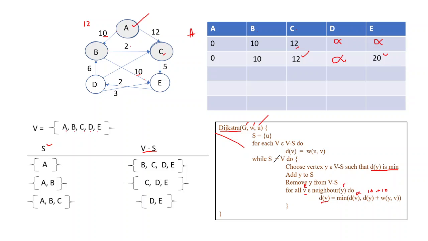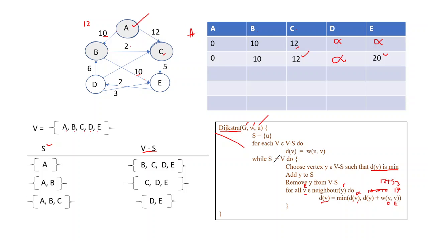Now dV, your V is E, that is distance to E is going to be the minimum of the distance to E and distance to Y, that is C in our case. So in this case it will be 12 plus the path cost between C, that is Y, and E. The path cost between C and E here is 5. So the summation becomes 17.